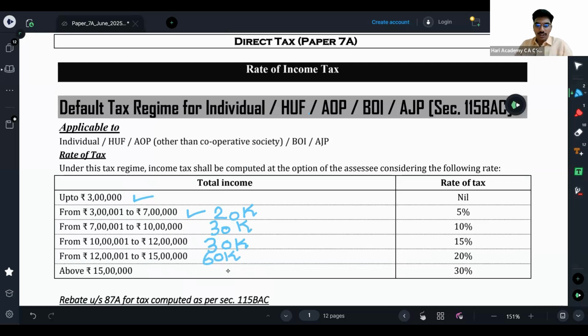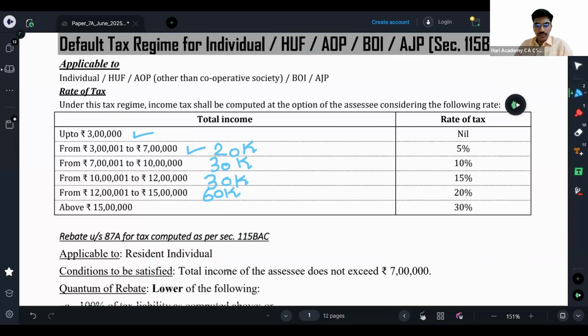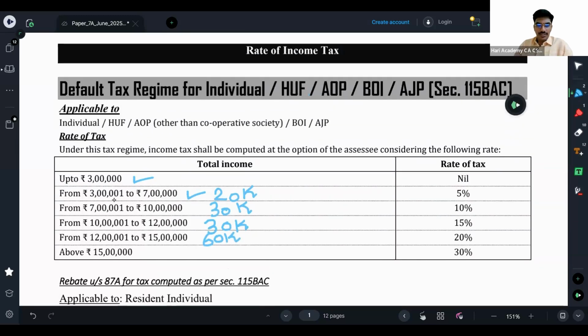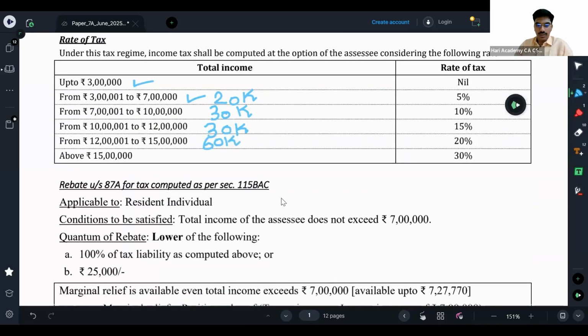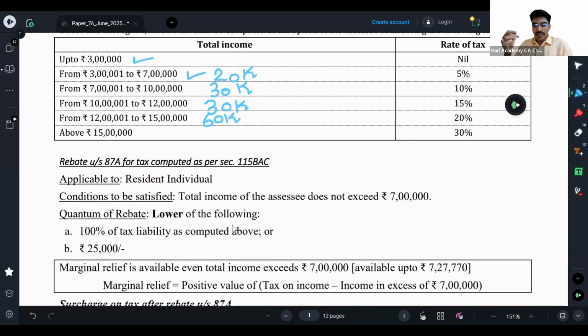The rate of tax is not changing. The rebate alone is being changed. If you see here, we just saw that for 3 to 7 lakhs, the total amount of tax which is going to be paid is 20,000. But the quantum of rebate is 100% of tax liability or 25,000, whichever is lower.